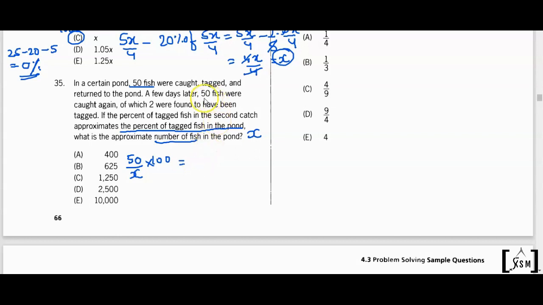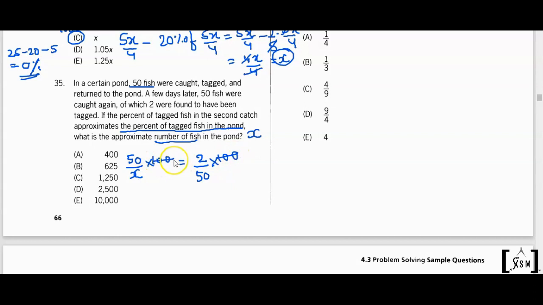So the second catch is 2 out of 50, right? Times 100. We'll have to find the x value.